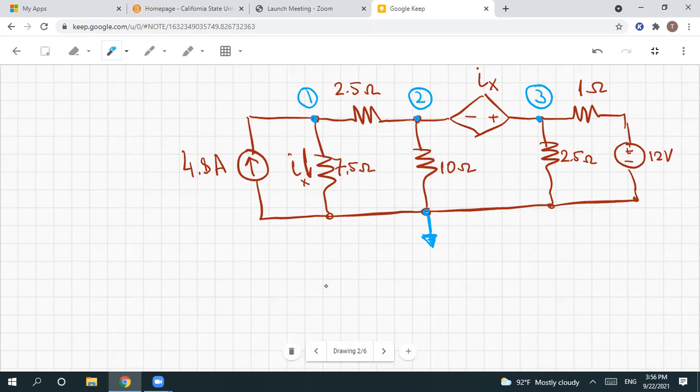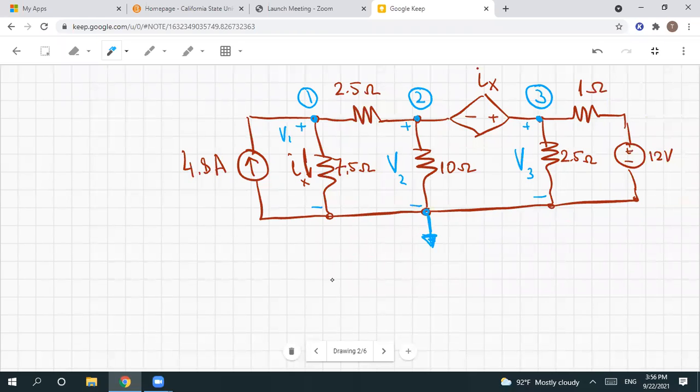And let me assign them. So this will be plus minus V1, and this will be plus minus V2, and this will be plus minus V3. Okay, any questions so far?